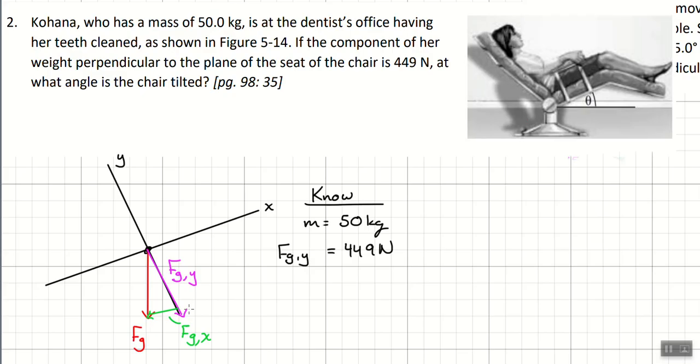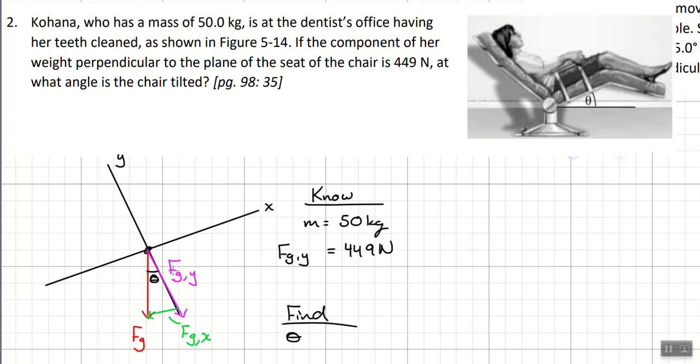And that's where I lied to you. I was wrong on that when I read through it the first time. Okay. That's what I know. What am I trying to find? I'm trying to find theta. This is theta. Cool.